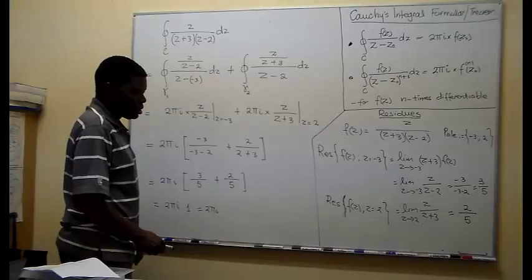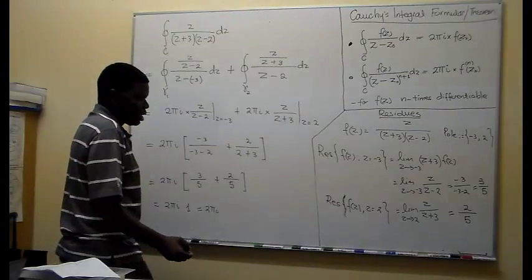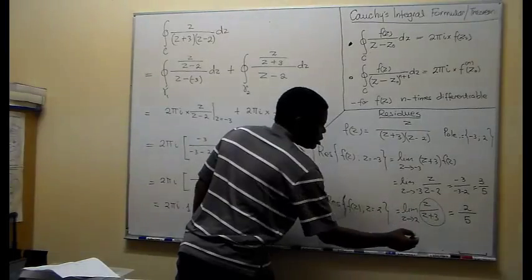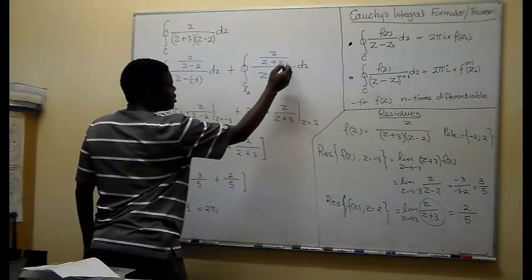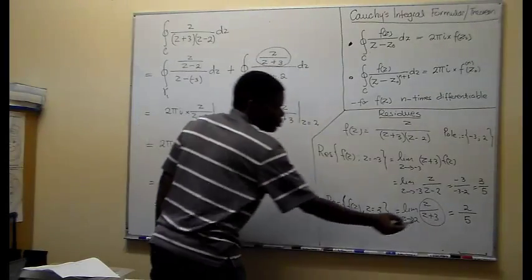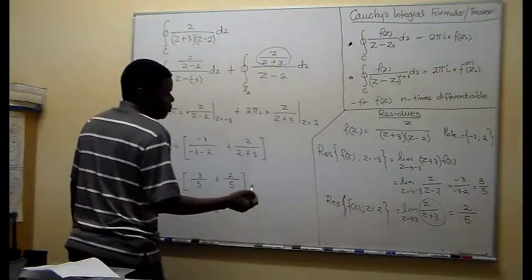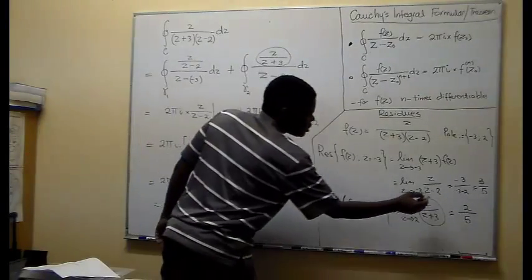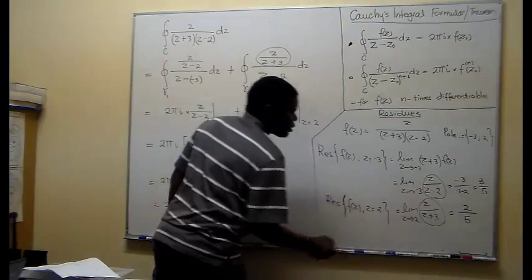Now, if you check the expression we've got here, it comes from this situation where we've got our f of z being that, and the result we got there comes from this situation whereby our f of z is this part.